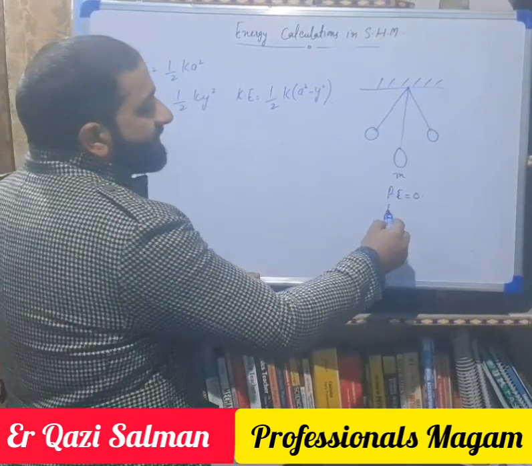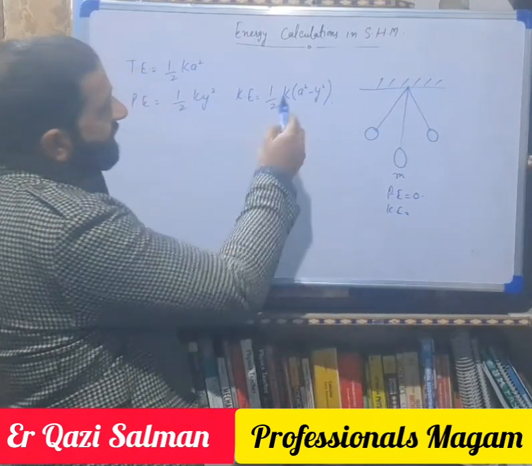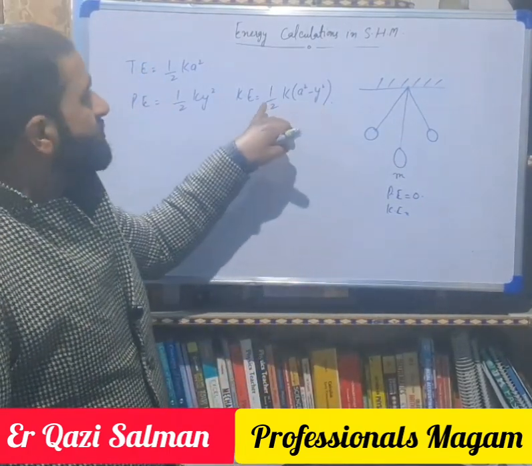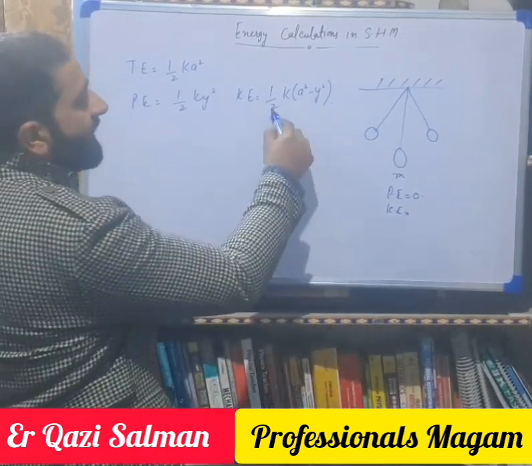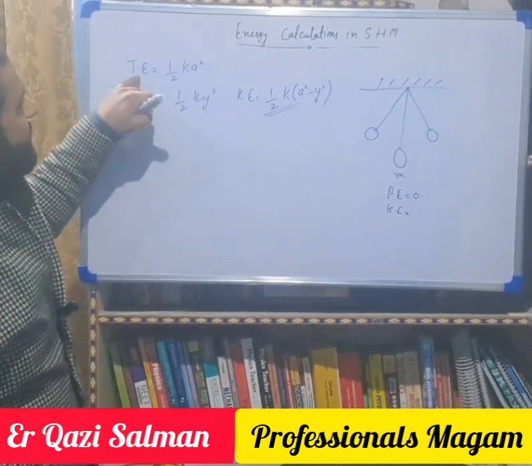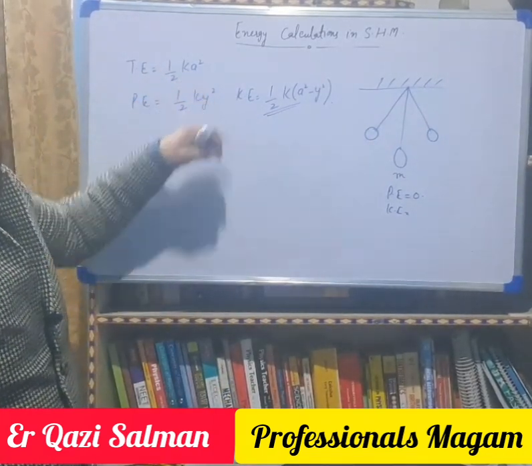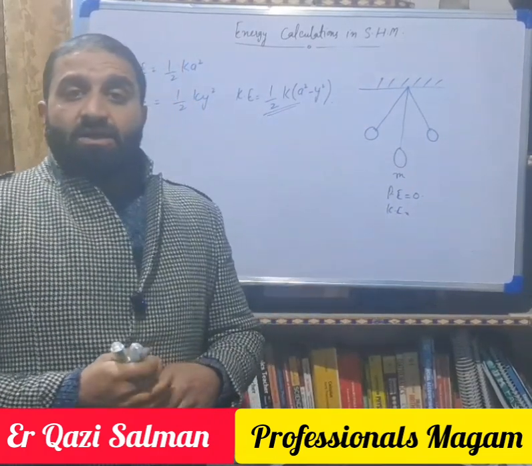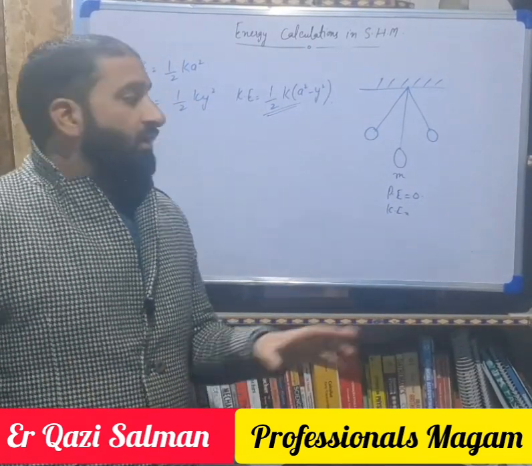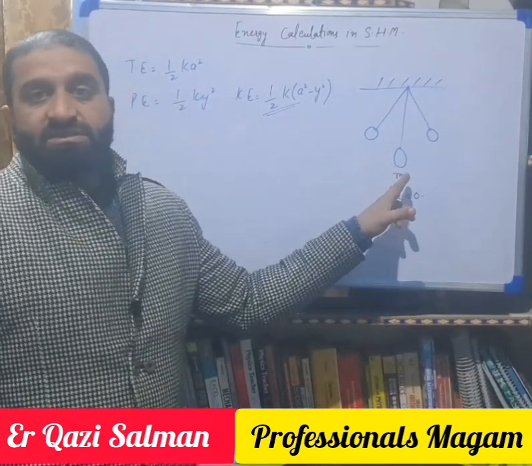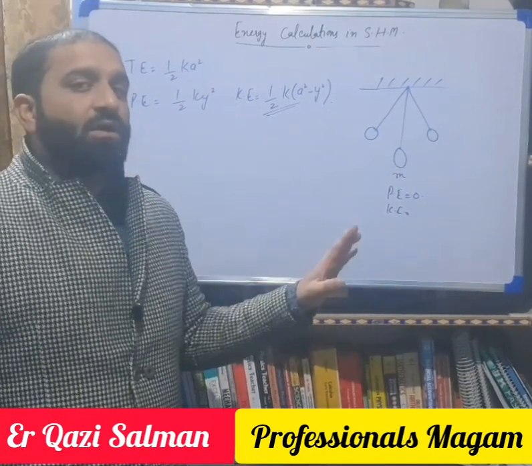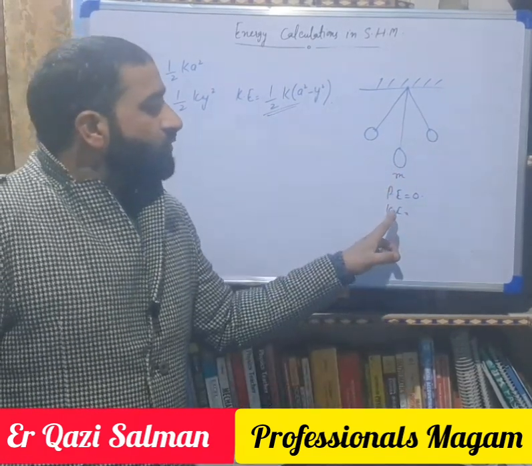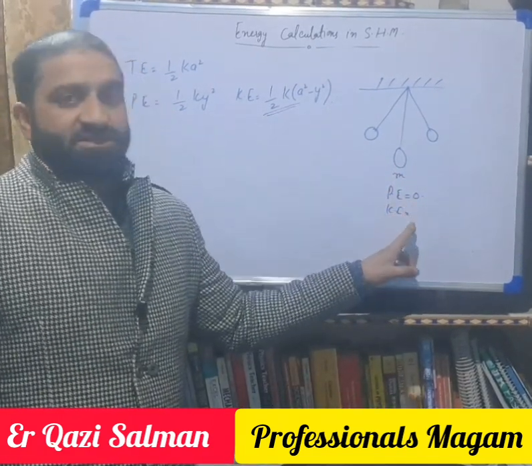Now kinetic energy at the mean position, where y² is equal to 0, is equal to 1/2 K A². That means total energy is 1/2 K A². That means at the mean position, the total energy of this simple harmonic oscillator or pendulum is totally kinetic, and potential energy is equal to 0.